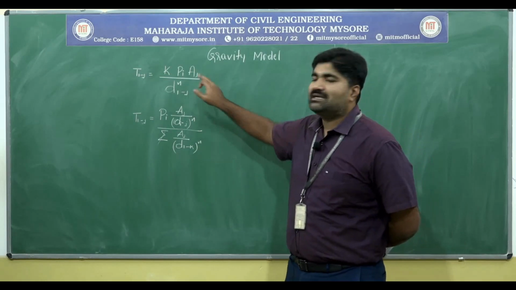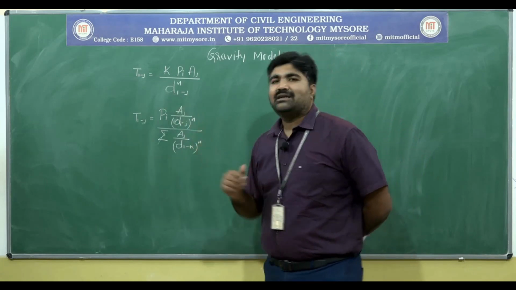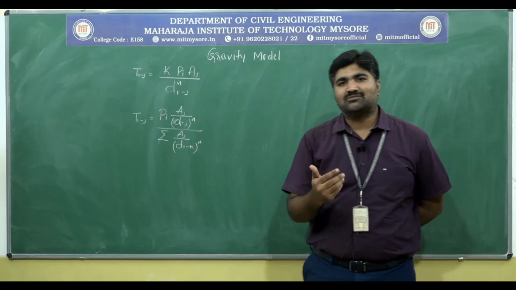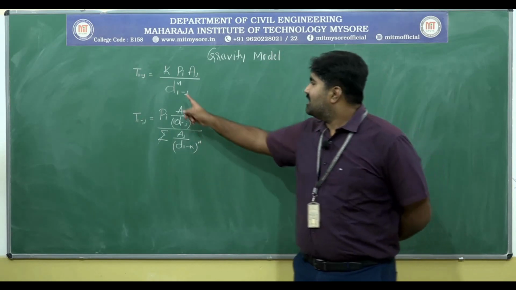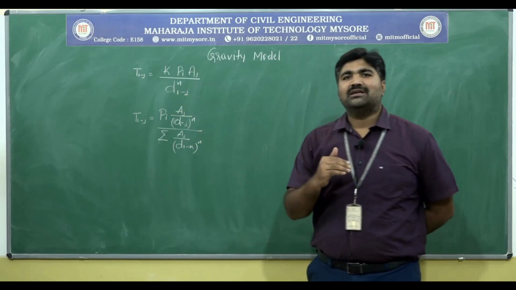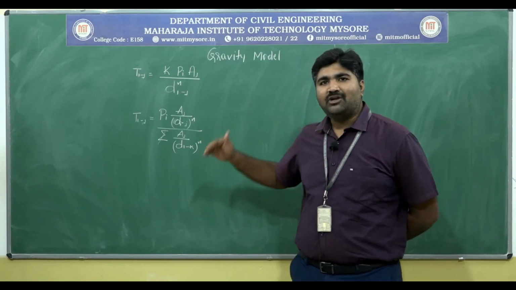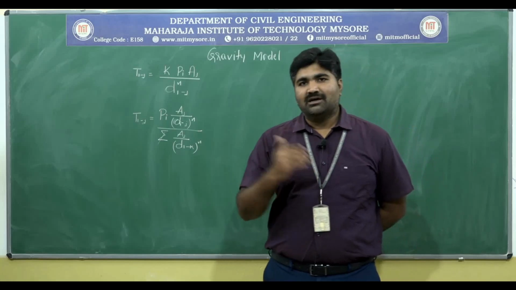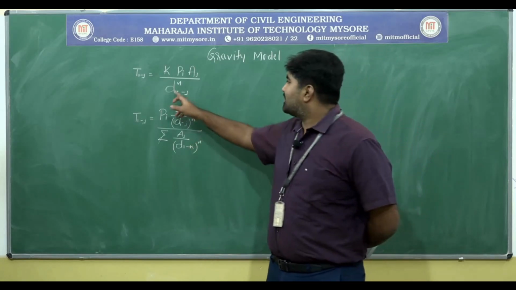And d is the resistance. That resistance may be time, distance or cost between zone i to j. That is the distance between i to j, or the time taken to travel between i to j, or the cost of the travel to make the trip.